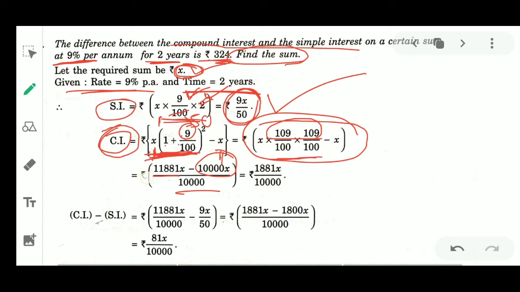So 11,881x minus 10,000x will be 1,881x by 10,000.